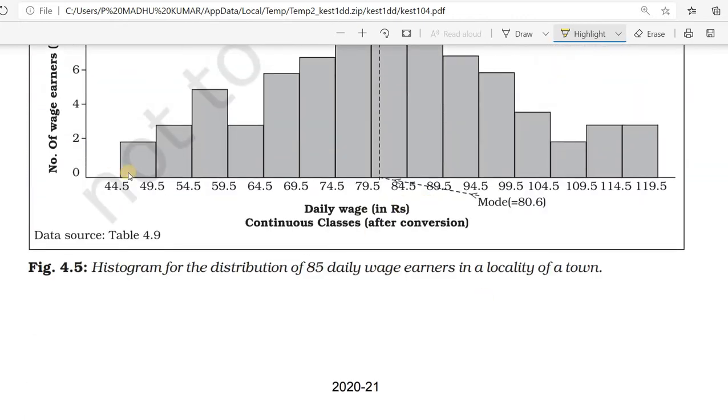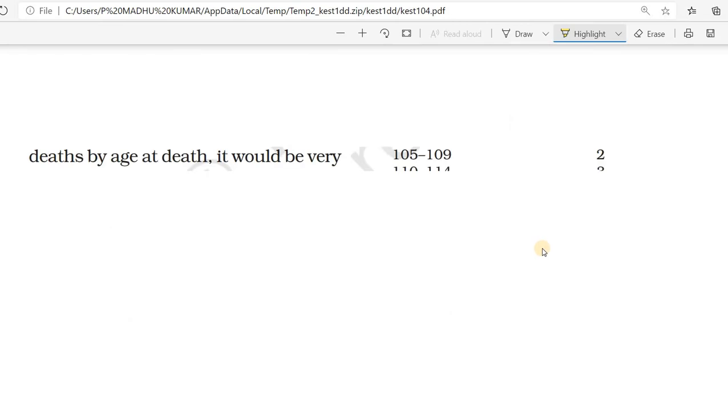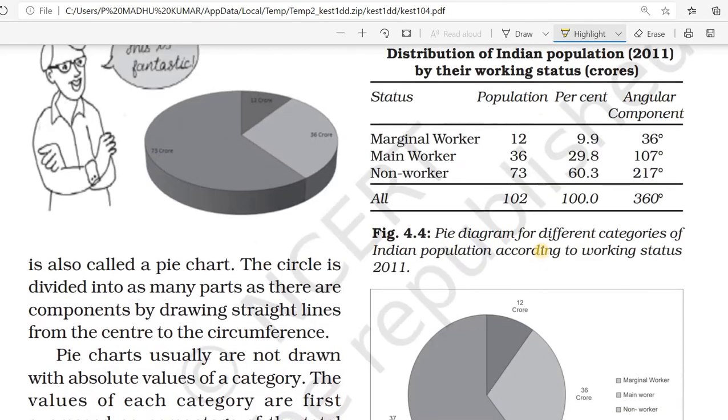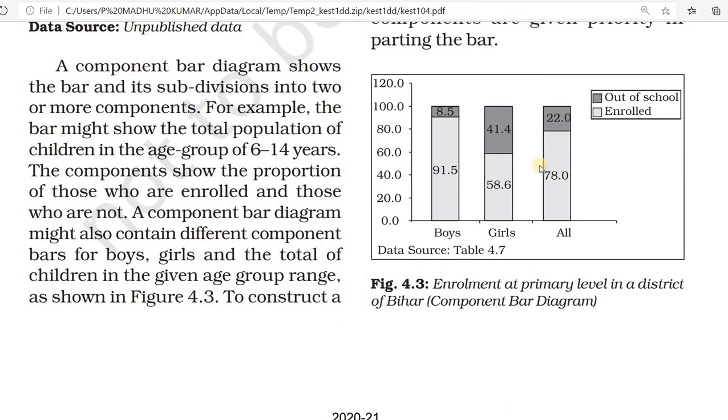arbitrary. In a bar diagram, which we studied, we leave some space. That is the difference.